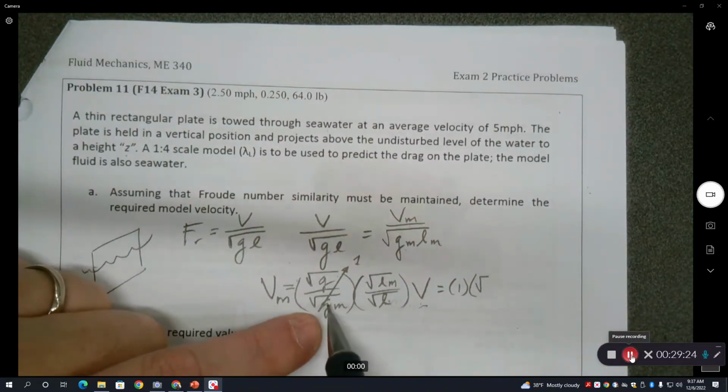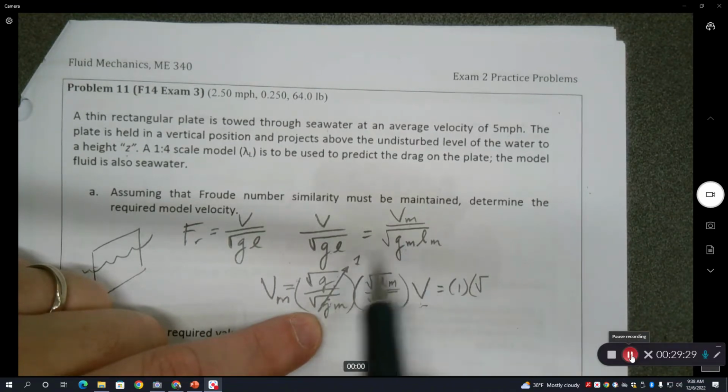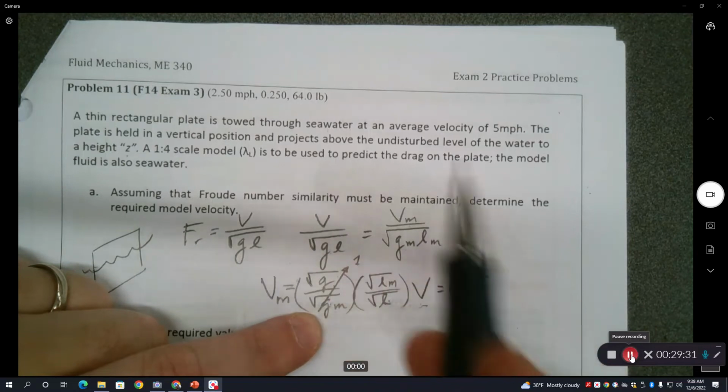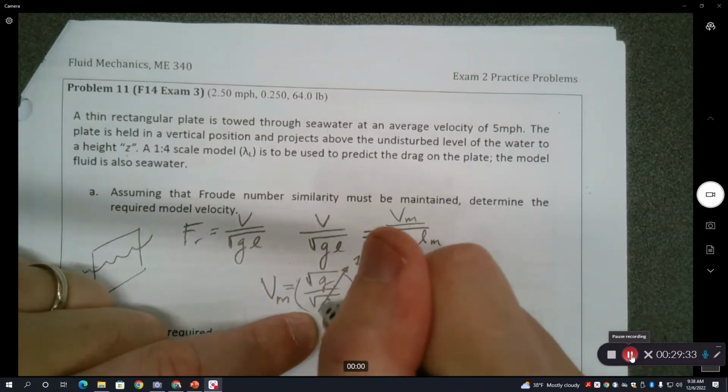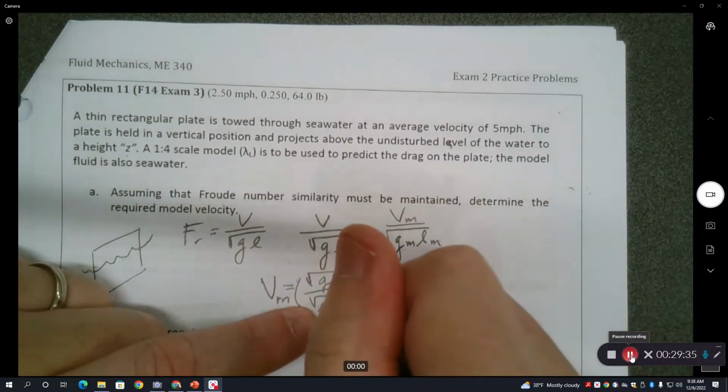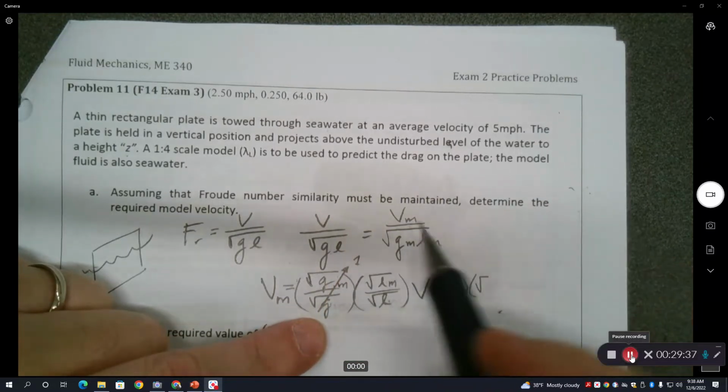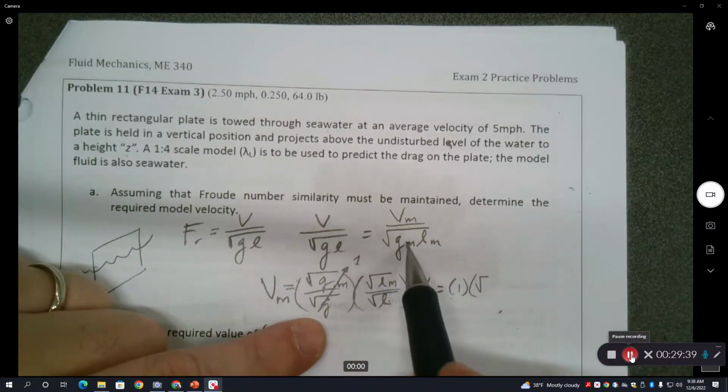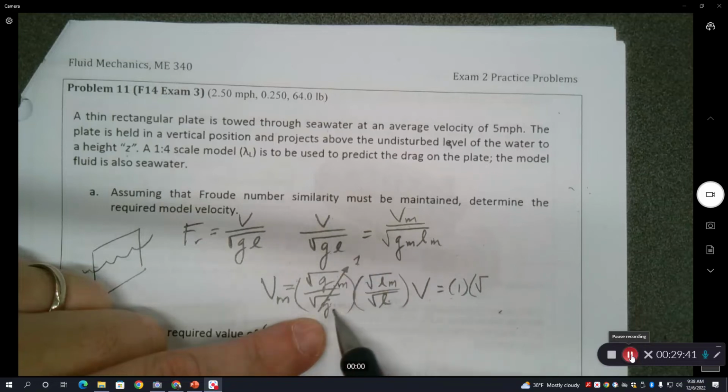Is this one wrong? I have V's on the top of both of them. And then I think this would be M's. Yeah, because that was going to multiply and that one's going to multiply and these still remain on the bottom. Yeah, okay.